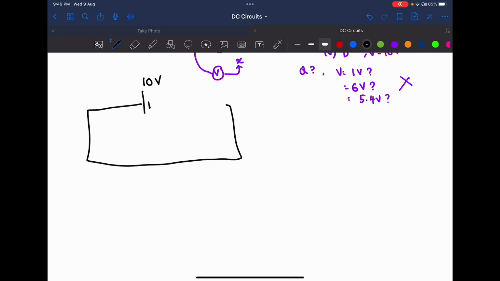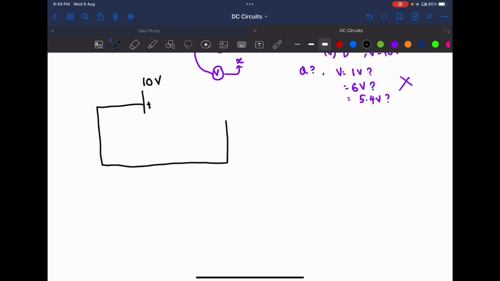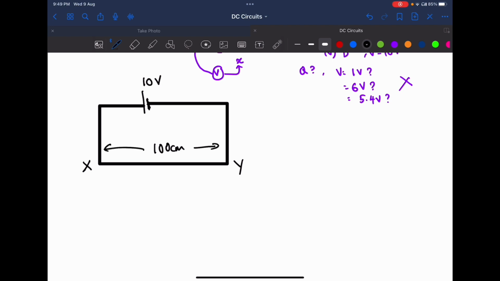Okay, so let's say now we have a wire. Let's draw it again. I want to make it straight. Okay, and let's say this is X, this is Y, and this is 100 centimeters from here to here.